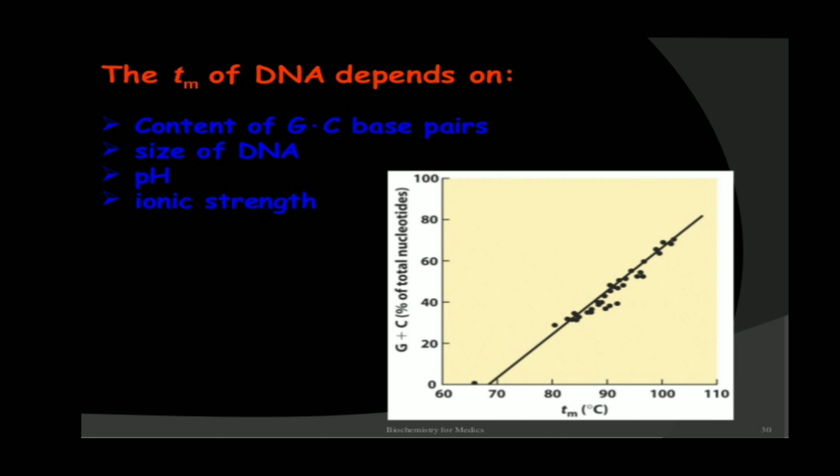It also depends on the size of the DNA, the pH of the environment, and the ionic strength. In this graph you can see the temperature is increasing. As the guanosine cytosine concentration increases, the melting point also increases.